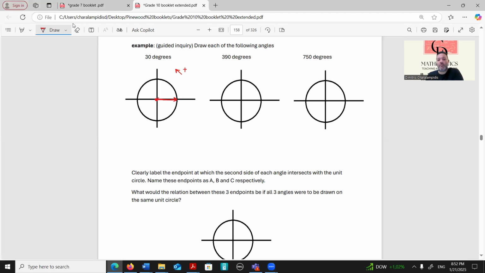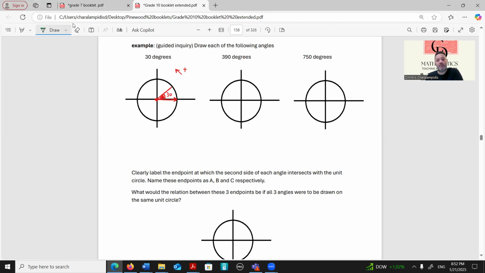We move up until the point where we would have drawn the full size of this angle. So we are looking for an angle of 30 degrees. Let's say that approximately it should be there.